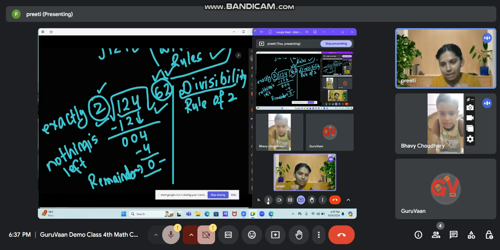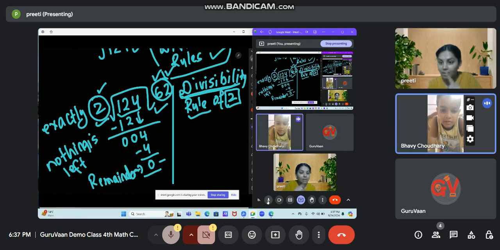So you can say divisibility is related to tables. If I'm talking about the divisibility rule of 2, where can I get the hint of it? In what of 2? Ma'am, in the 2 table. Very good.